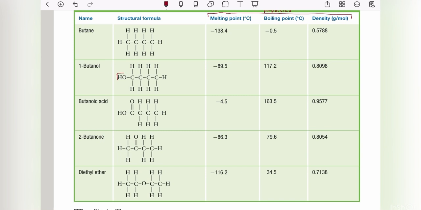We have this hydroxide functional group instead of a hydrogen atom compared to butane. Then butanoic acid, it's a butanoic acid because there's a carboxylic acid functional group instead of a hydroxide or hydrogen group as in the latter two. And then 2-butanone, here we have a carbonyl group. And then diethyl ether, which we will look at more closely a little bit later.